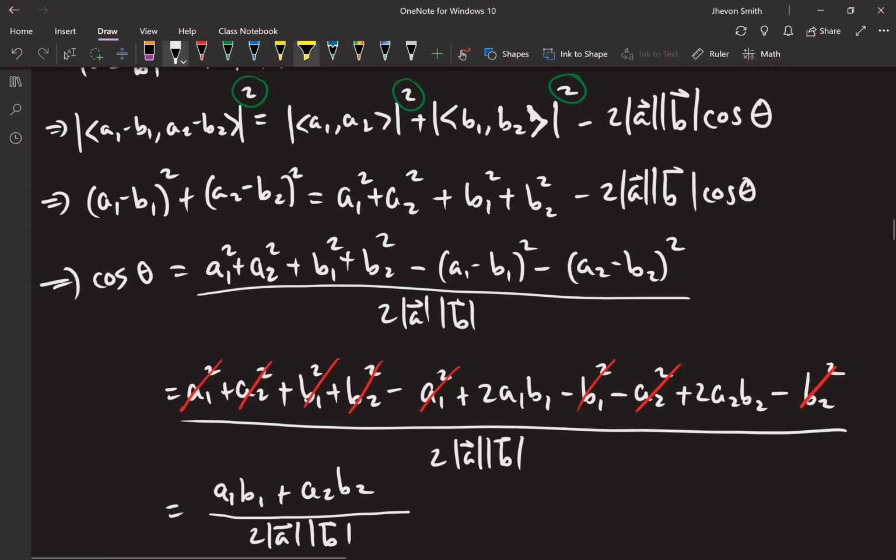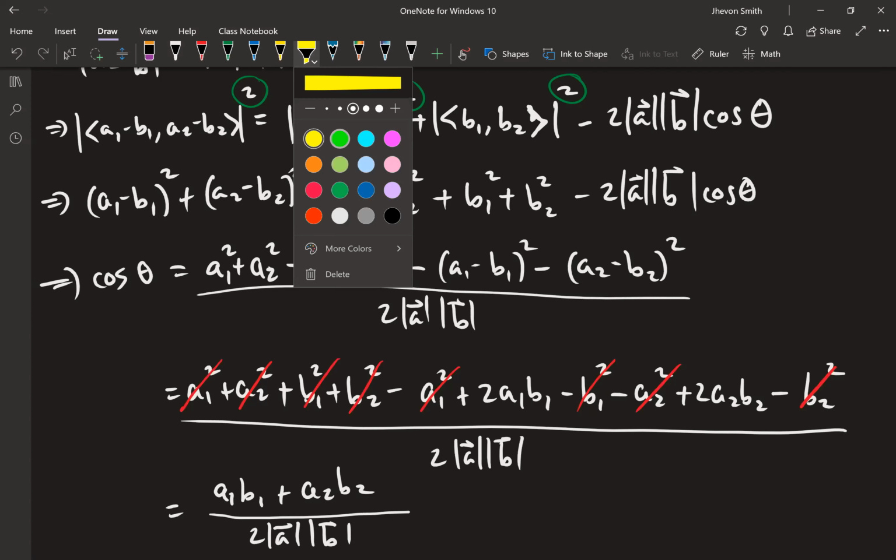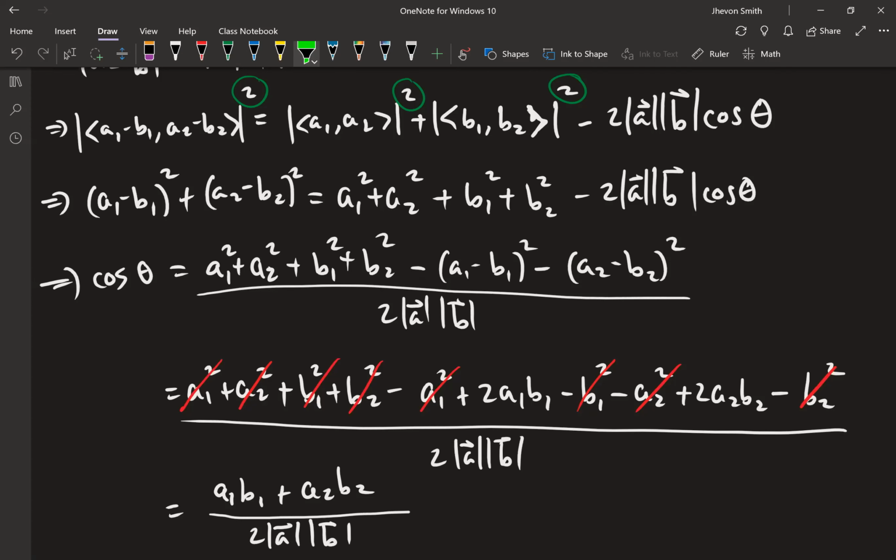And you see this guy right here. Just put in green. See that expression, a1 b1 plus a2 b2, which you now should recognize as something that showed up on the quiz, is a very important expression when it comes to finding the angles.